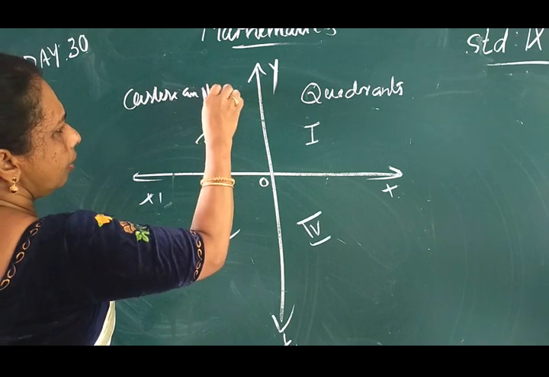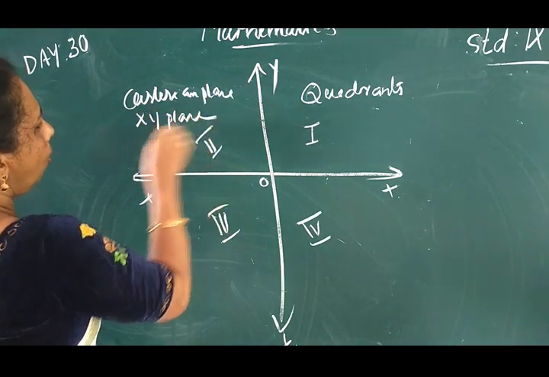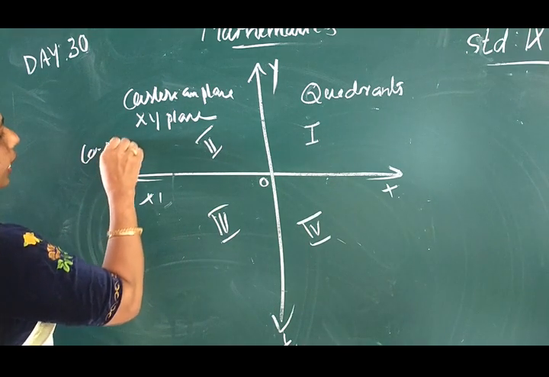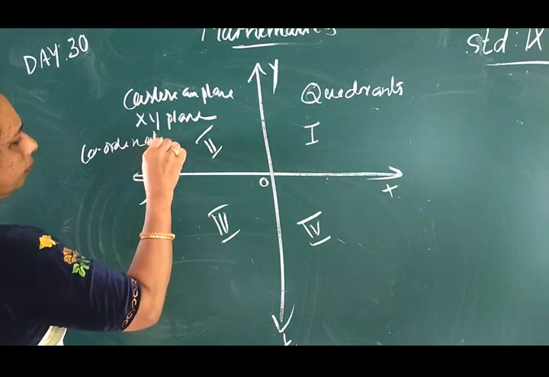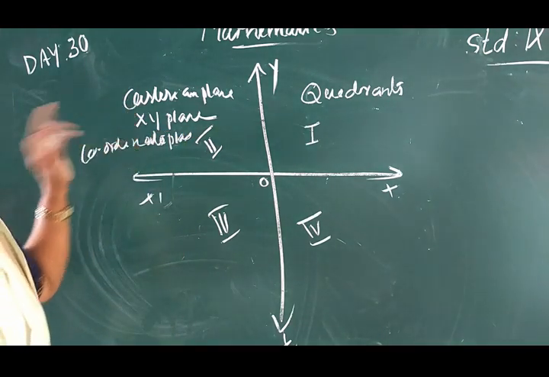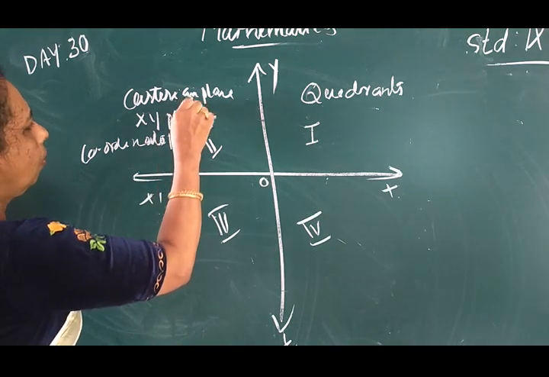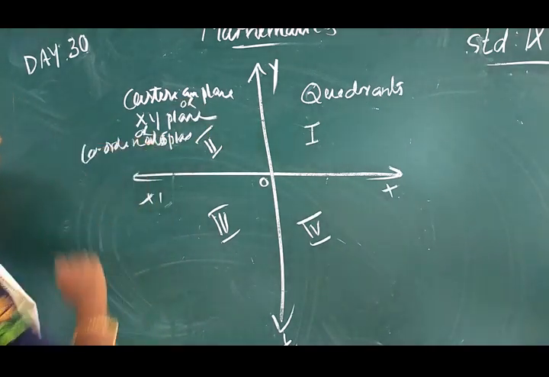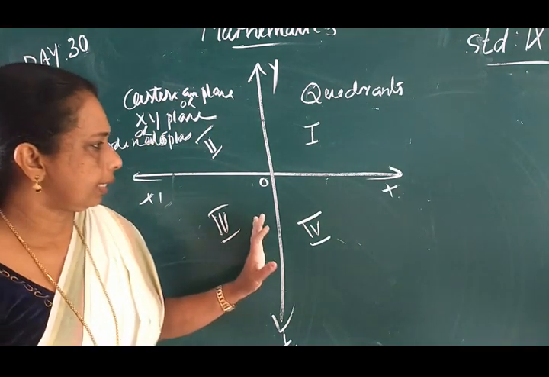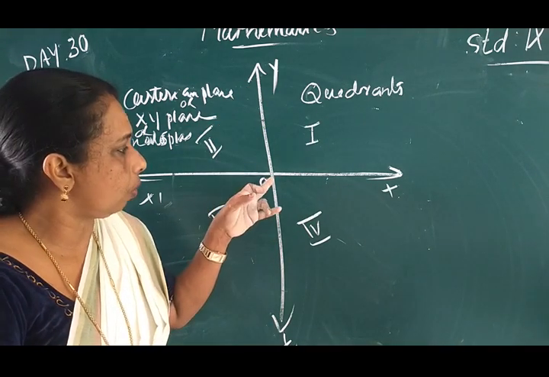Cartesian plane, or XY plane, or coordinate plane. The x-axis and y-axis intersect at the origin.